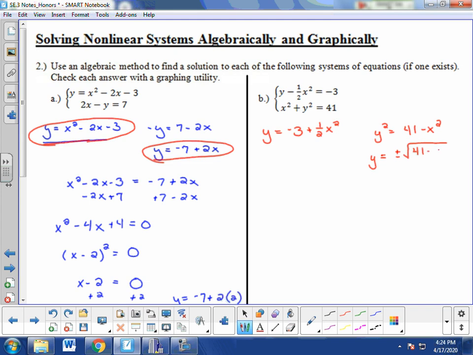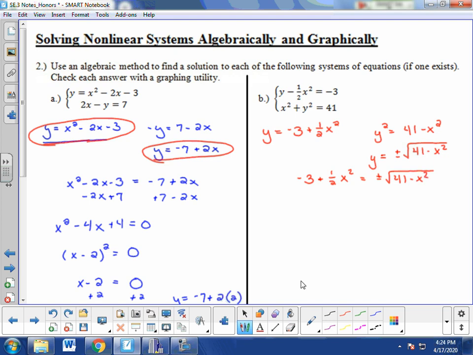So 41 minus x squared is now under the square root. Now that I have both equations equal to y, I can substitute. So -3 plus 1/2 x squared equals plus or minus the square root of 41 minus x squared.